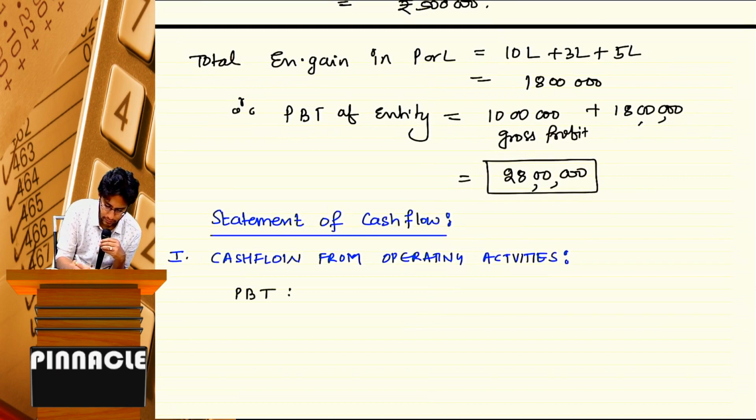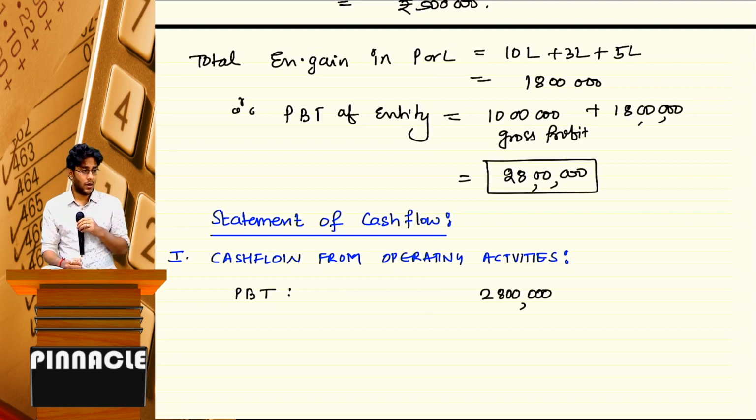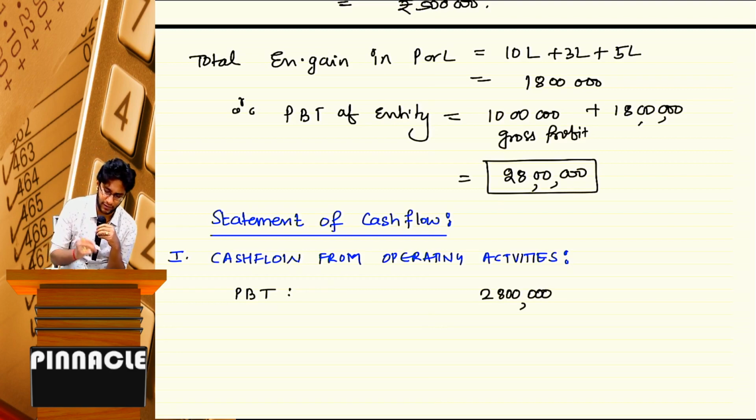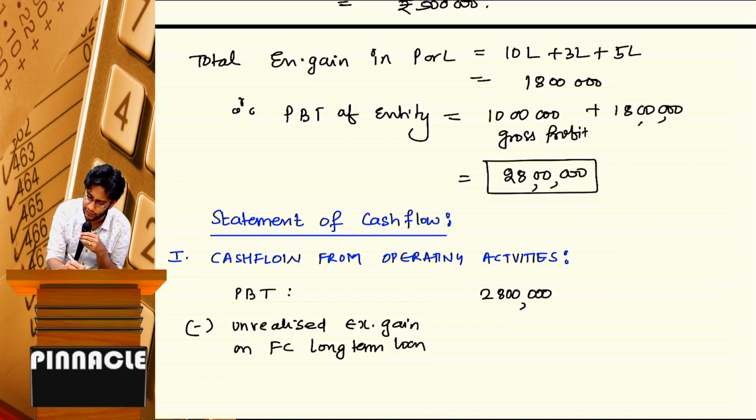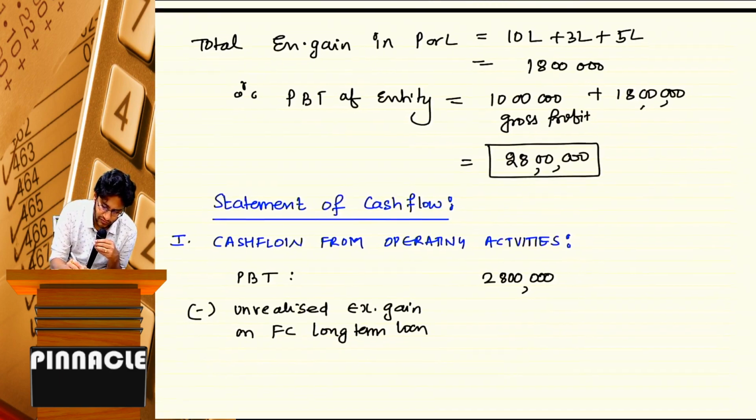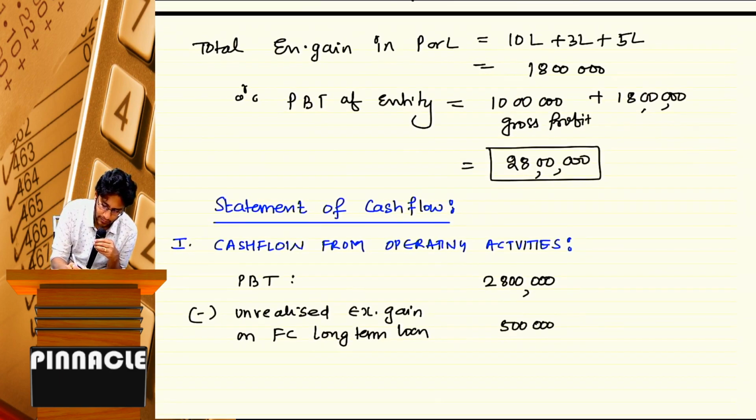Starting point is PBT 28 lakhs. Don't see what they have done. They have committed a mistake there. Not add, minus unrealized exchange gain on foreign currency long-term loan. How much is foreign currency long-term loan related? 5 lakhs. 5 lakhs, any problem. Handle that.